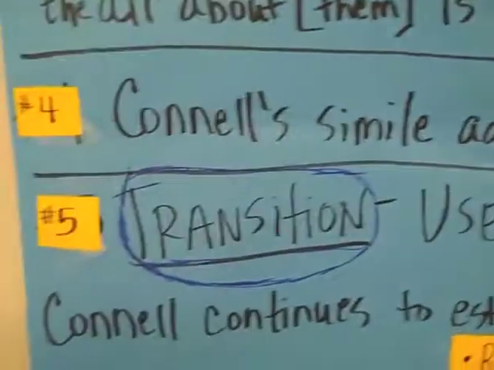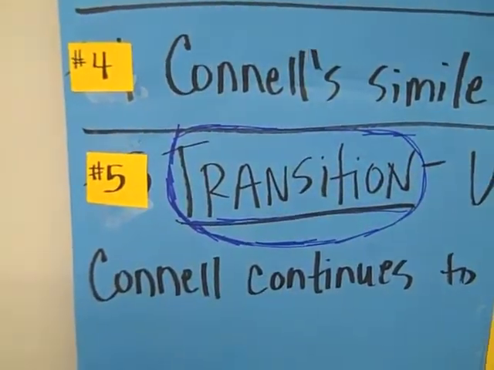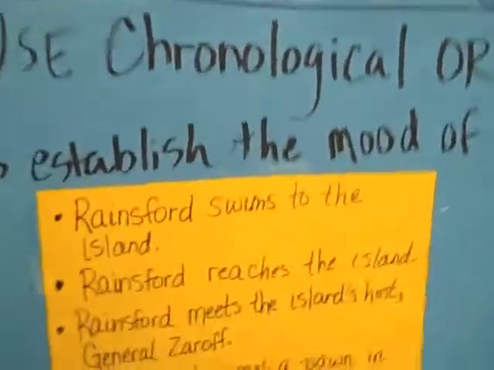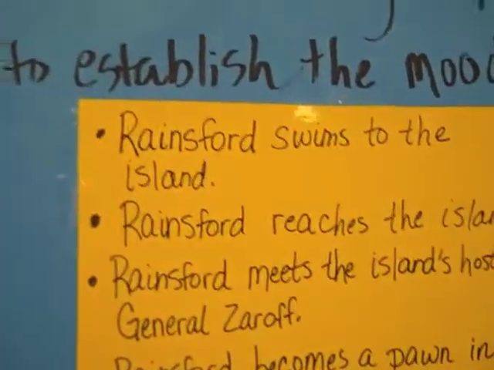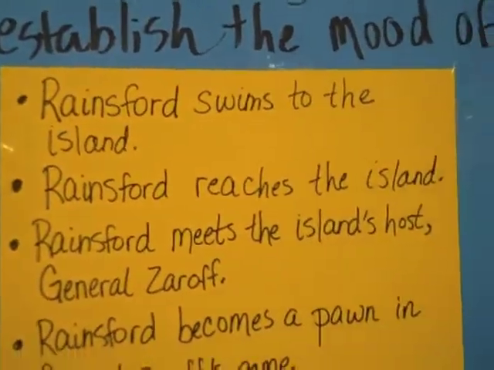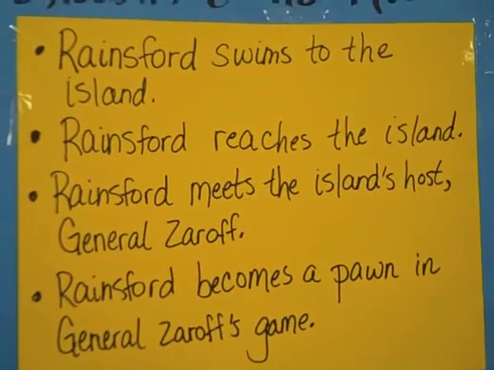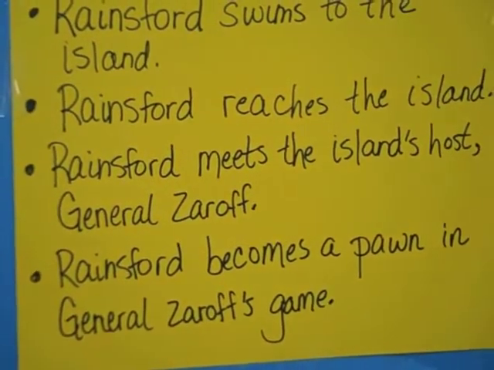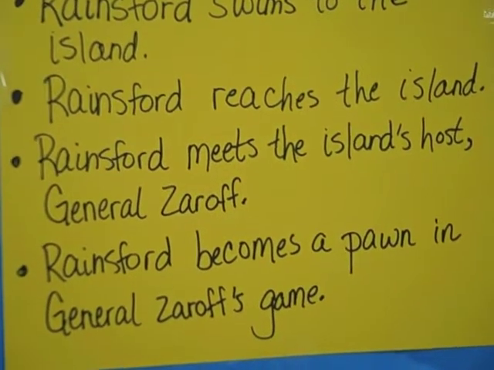The mood is fearful. Now you can just say, Connell continues to establish the mood of the story when, and you have several choices. You can say, when Rainsford swims to the island, or when Rainsford reaches the island, when Rainsford meets the island host, General Zaroff, when Rainsford becomes a pawn in General Zaroff's game.